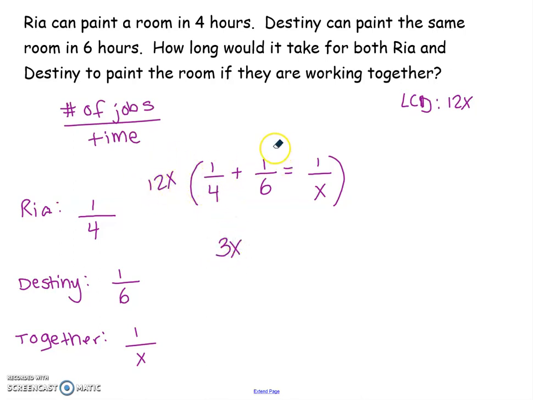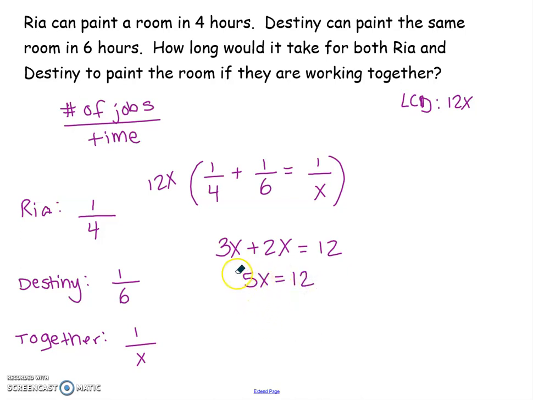Then 12x times 1/6. The 12 and the 6 will reduce to 2, so this is going to be 2x. And then 12x times 1 over x. The x's will cancel out, and we'll be left with 12. So now we have 5x is equal to 12.